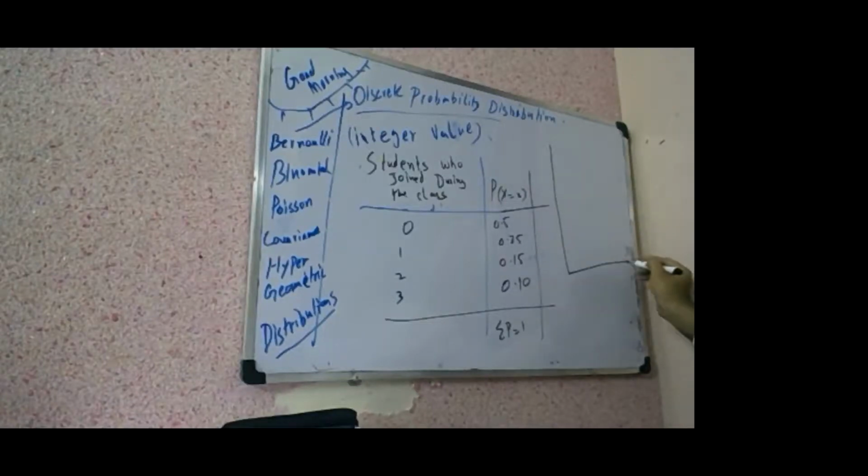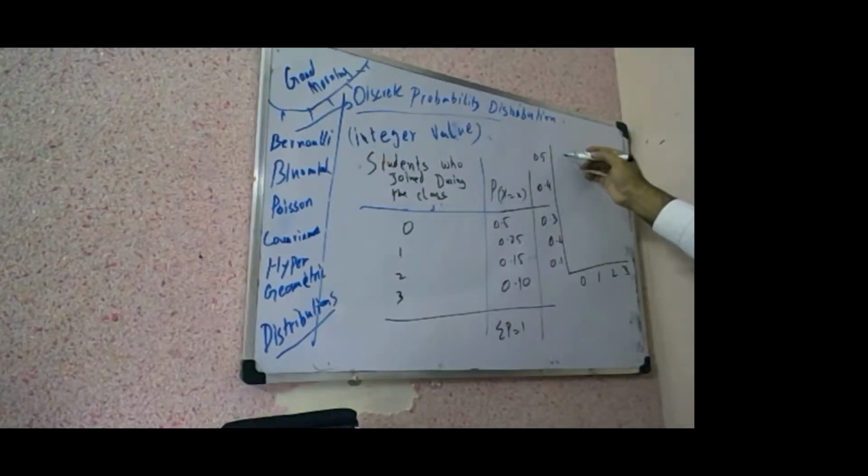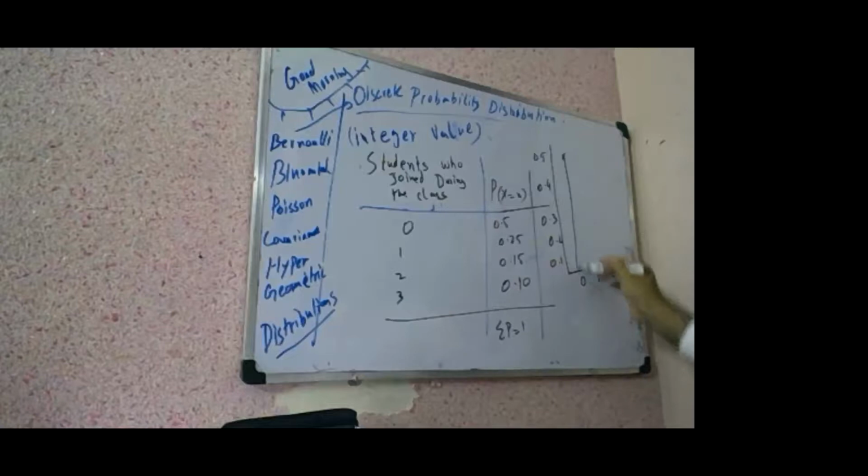I can draw it with 0, 1, 2, 3, and these are the probabilities. When nobody will join the class during the class, that probability is pretty high, right?